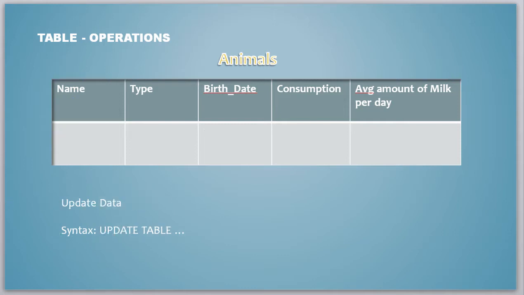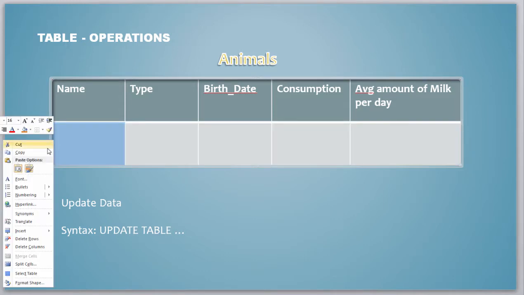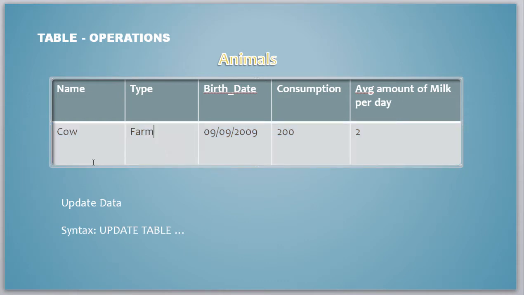The next operation would be to update the data. Let's say I want to change data, for example change this cow to sheep. Its birth rate is different and it consumes 50 calories. Well, I'm going to leave it null. So what did I do? I updated the data.